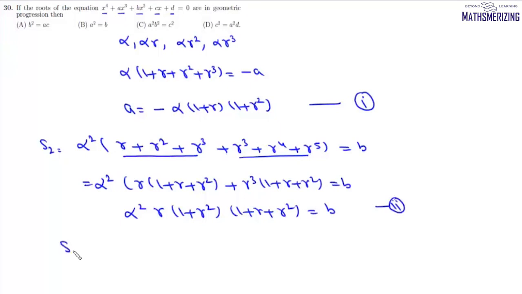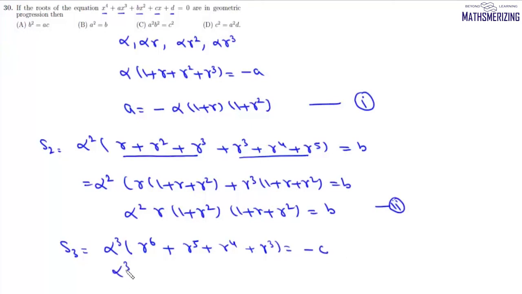Now S3 is the sum of roots taken 3 at a time, so it will be alpha cube. Now the products will be r to the power 6 plus r to the power 5 plus r to the power 4 plus r cube, and this value will be equal to minus c.